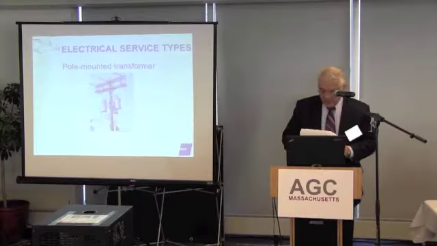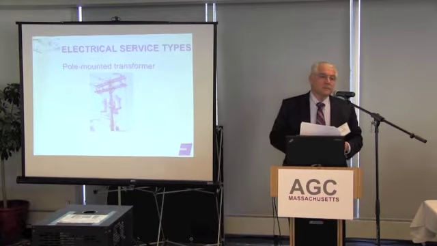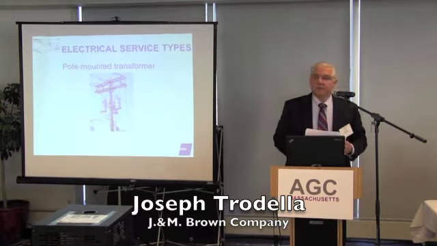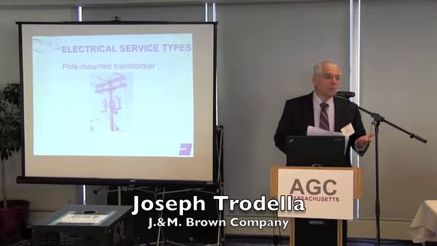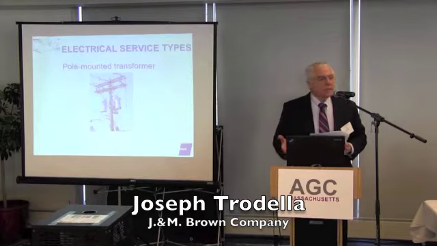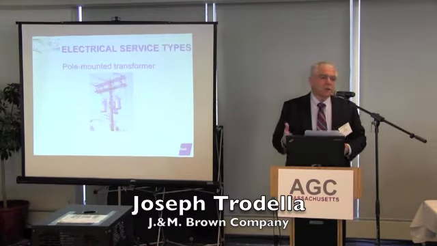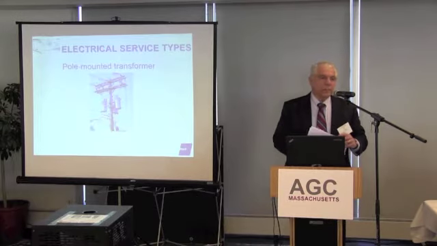The transformer is used to change the voltage from the incoming, which is called the primary side of the transformer, which is the higher voltage, and then through the windings of the transformer, the coil, it's reduced down to a usable voltage that you're trying to utilize for the building.